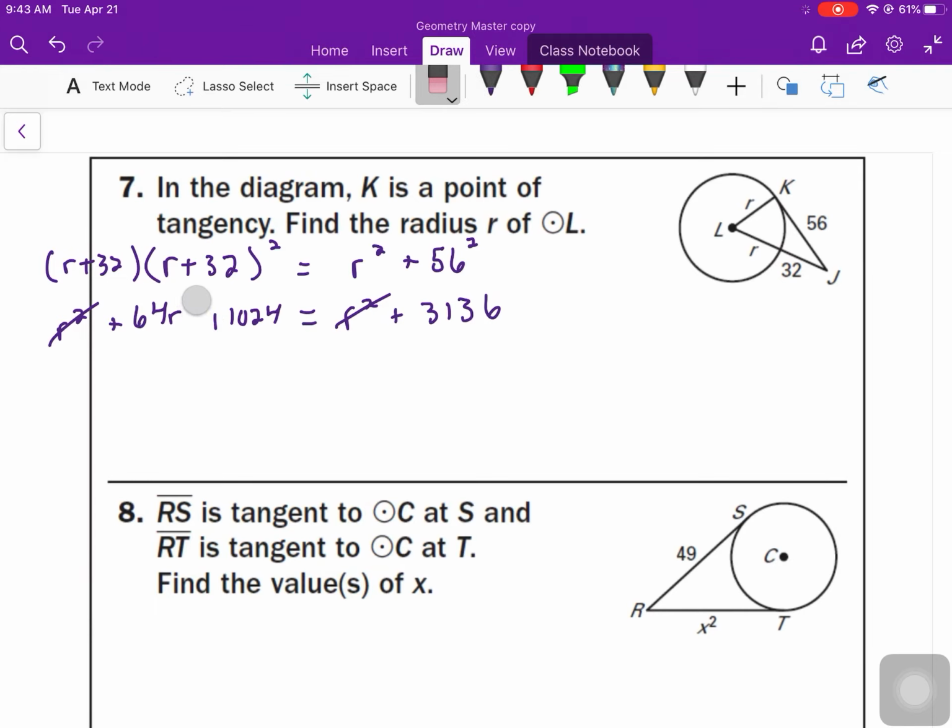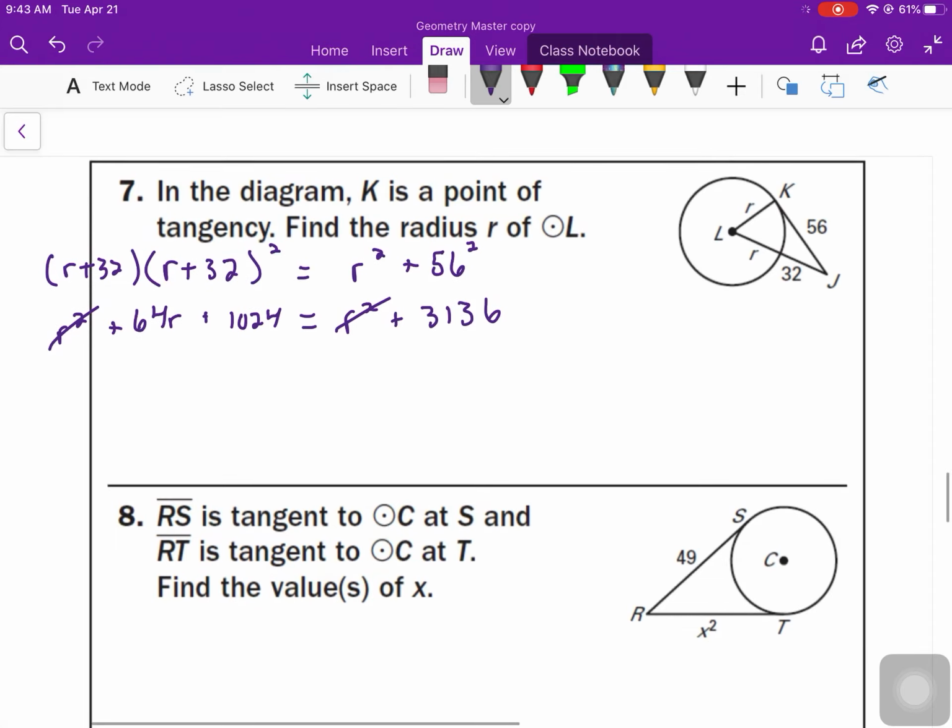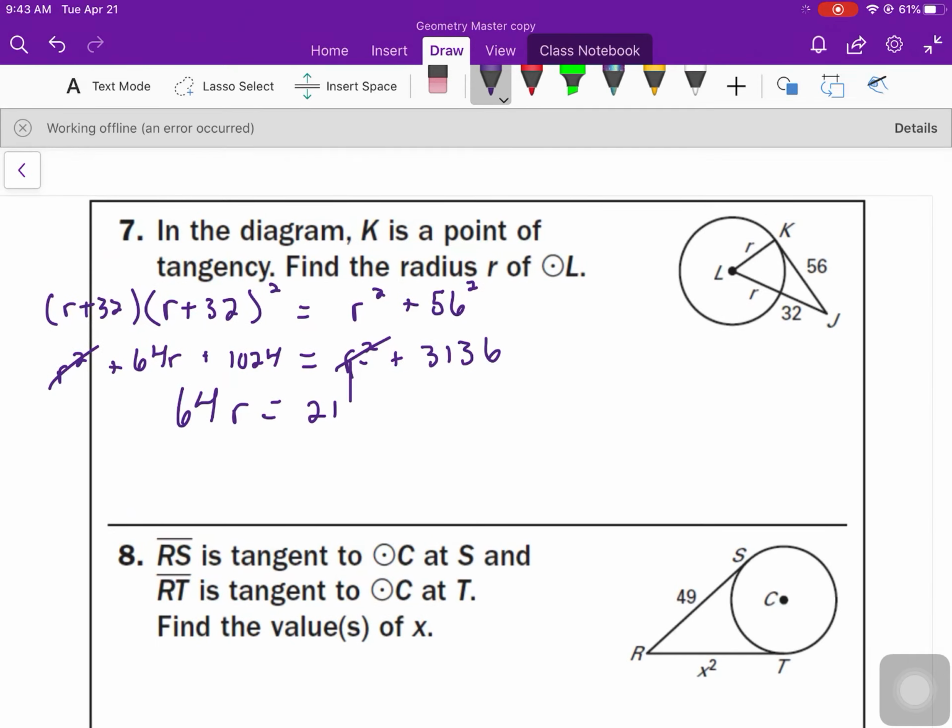I made a mistake here. Don't do that. That's not an r squared, because it would be plus 32r plus 32r. Okay. I am going to subtract 1024, which gives me 64r is equal to 2,112. And that would give me r is equal to 33 units.